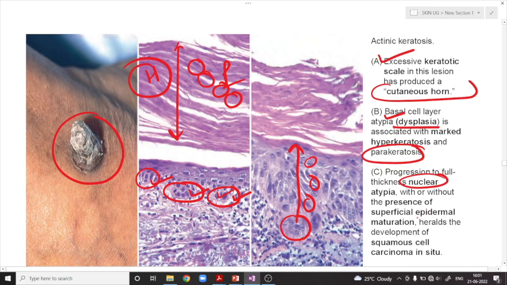There might or might not be superficial epidermal maturation, and this full thickness atypia that we see is the in situ stage, and it is basically marking the development of squamous cell carcinoma in situ. So it is that stage wherein the person is progressing towards in situ carcinoma, and later on will become invasive squamous cell carcinoma.